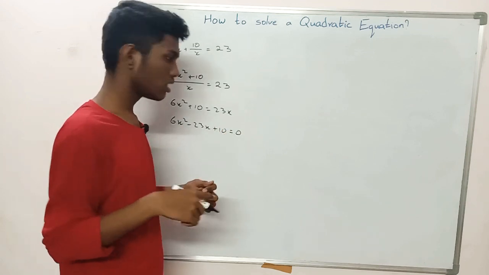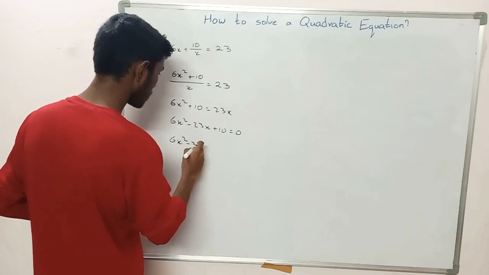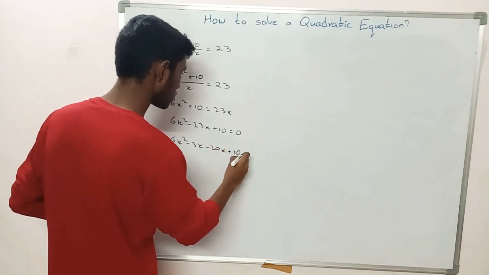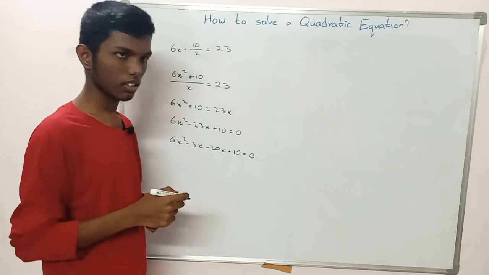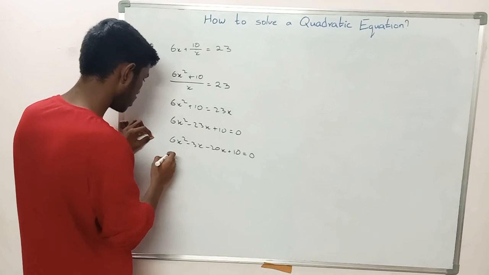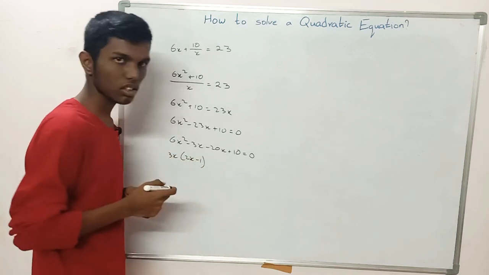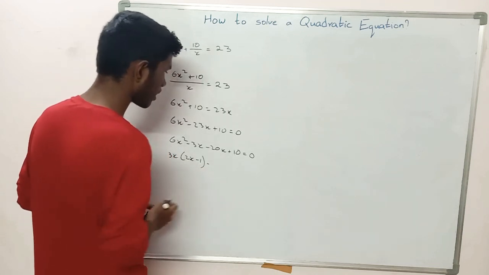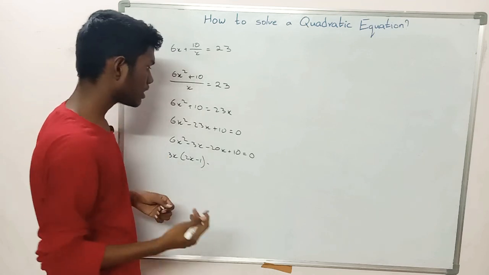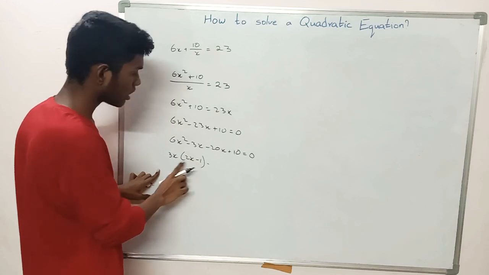Repeating the procedure, we get the pair as 3, 20. And to be specific, it is minus 3, minus 20. Taking out common, we get 3x common here: 3x of 2x minus 1, and we get 10 common here, and I will take out minus 10 because I need to get minus in the second term, not in the first term.